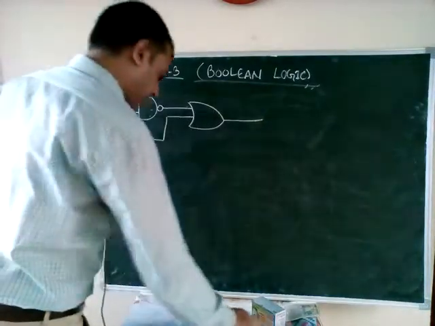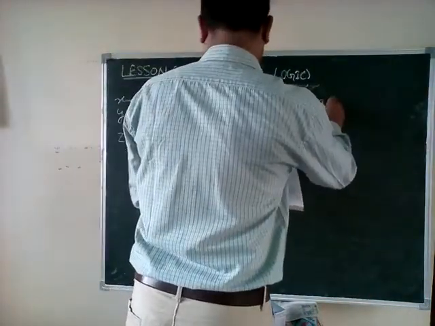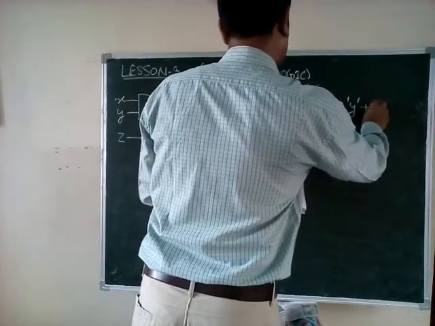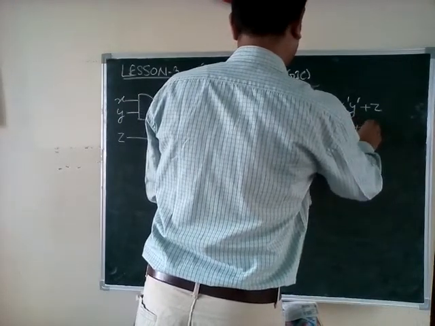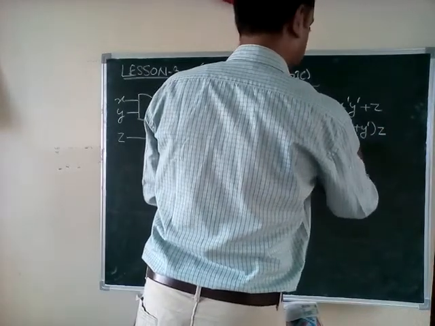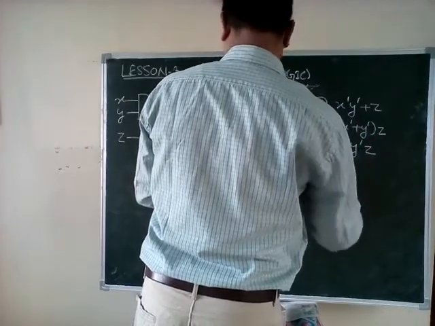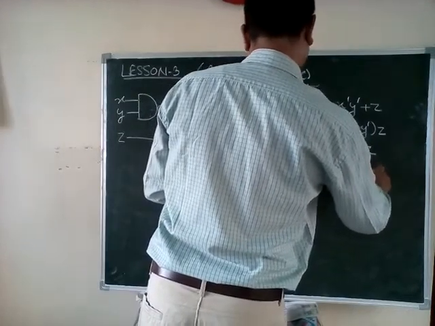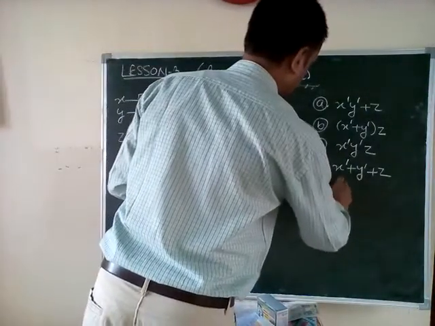Now you have 4 options also. Option A, X bar Y bar plus Z. B, X dash plus Y dash Z. C, X dash Y dash Z. And D, X dash plus Y dash plus Z. And E is also there, none.